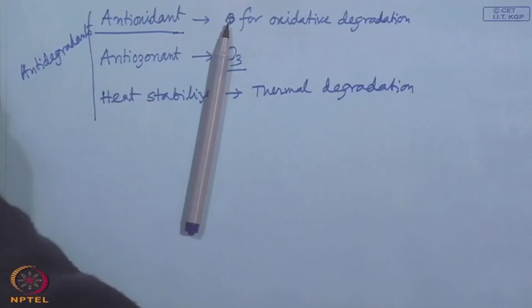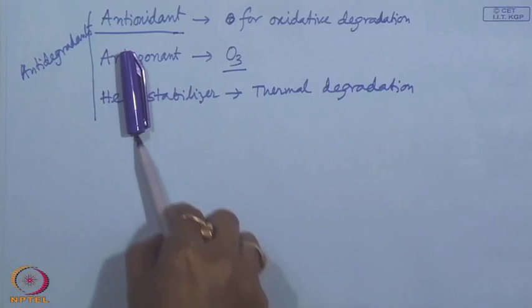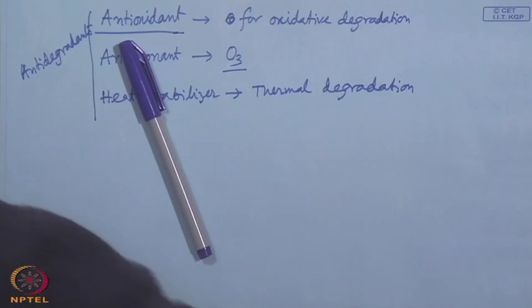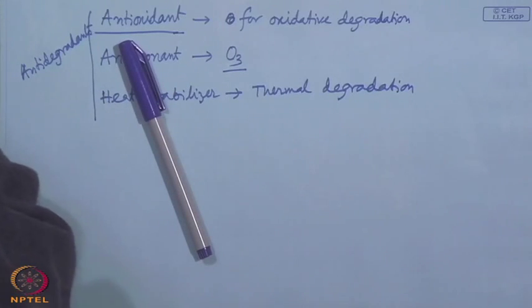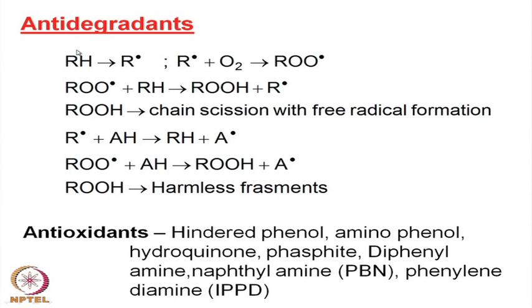Now, let us have a very quick look into the degradation mechanism of rubber. RH represents a rubber hydrocarbon containing carbon-carbon linkages, unsaturation bonds, and carbon-hydrogen bonds. So, that is the rubber represented by RH.